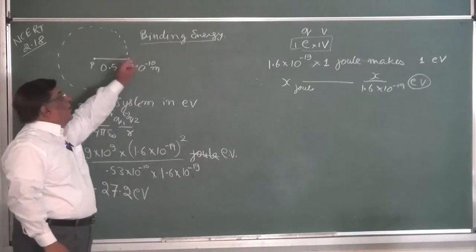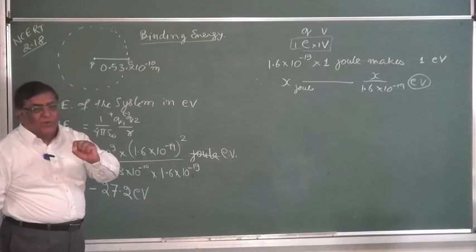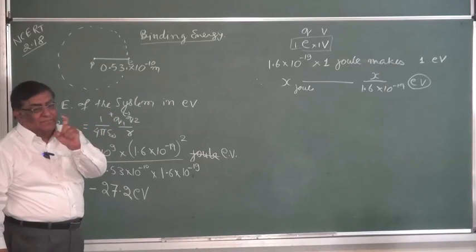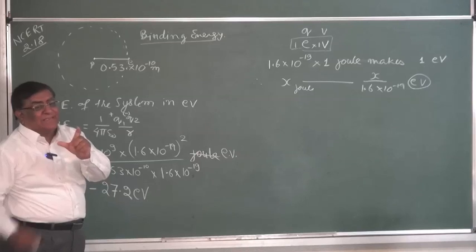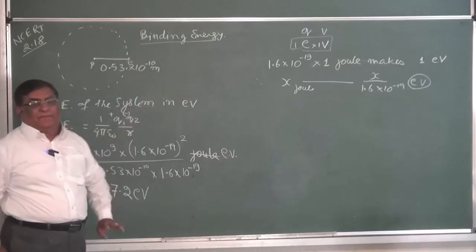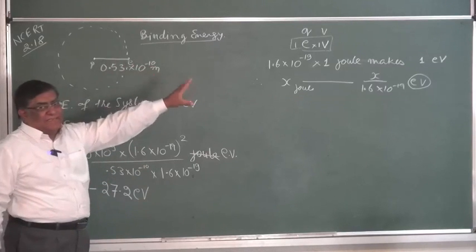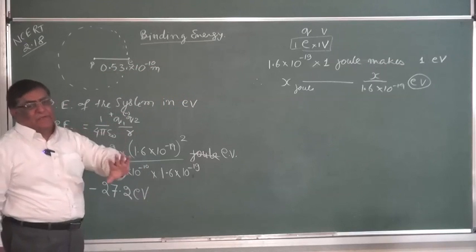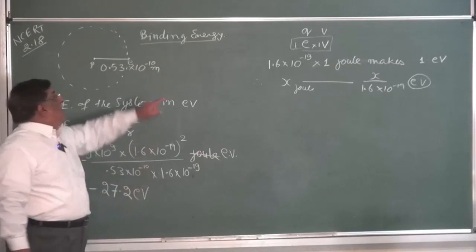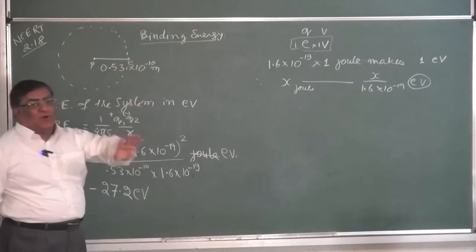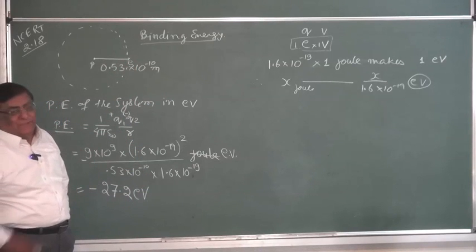Whenever a particle has zero energy, what is the distance between them? Infinite. When this was at infinite distance, the energy was zero. When it is here, the energy is not zero. How much is the energy?